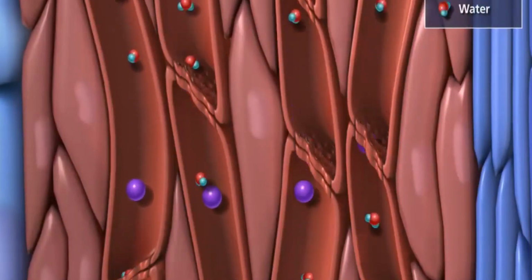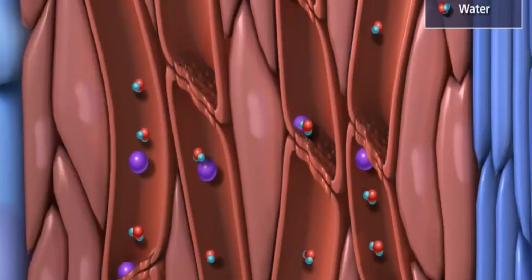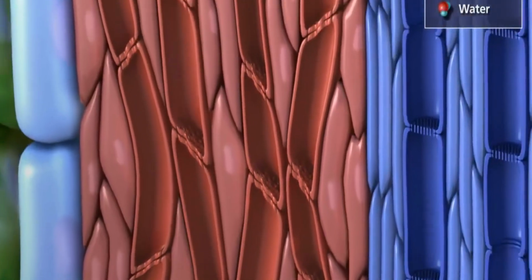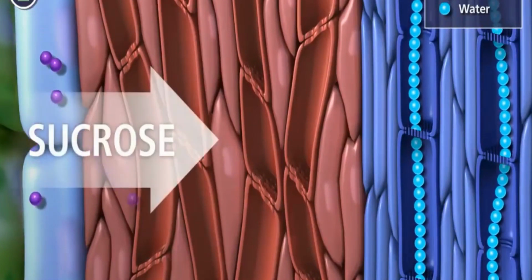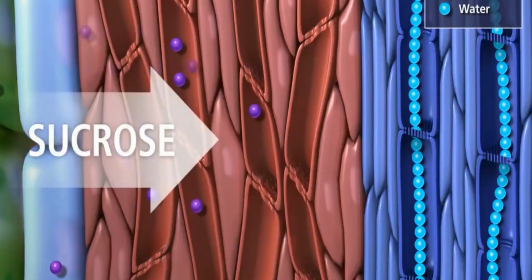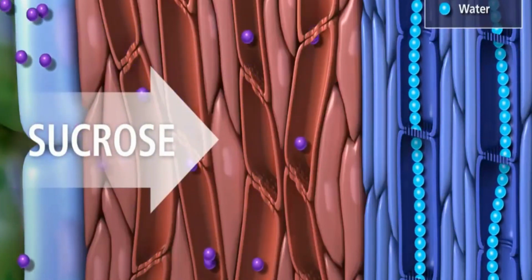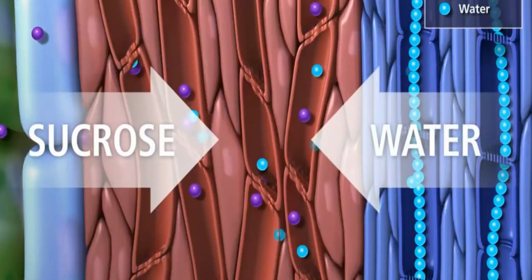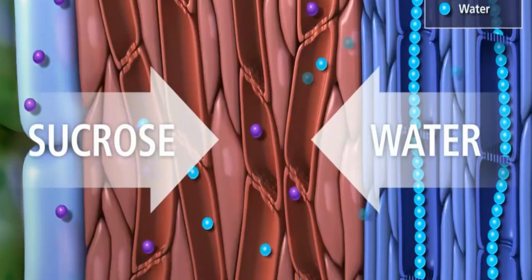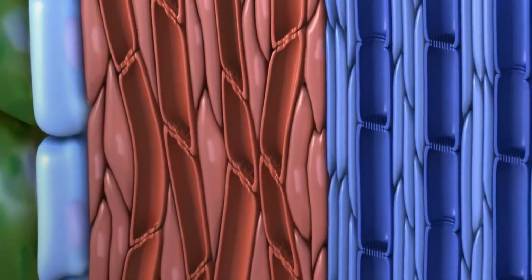Turgor pressure increases in the sieve tube members as sucrose from the surrounding cells is brought into the phloem through active transport. Water then enters, flowing from xylem by osmosis, which drives the transport of carbohydrates in the phloem. Water movement in vessels is one way, while transport in sieve tube members can go in both directions.